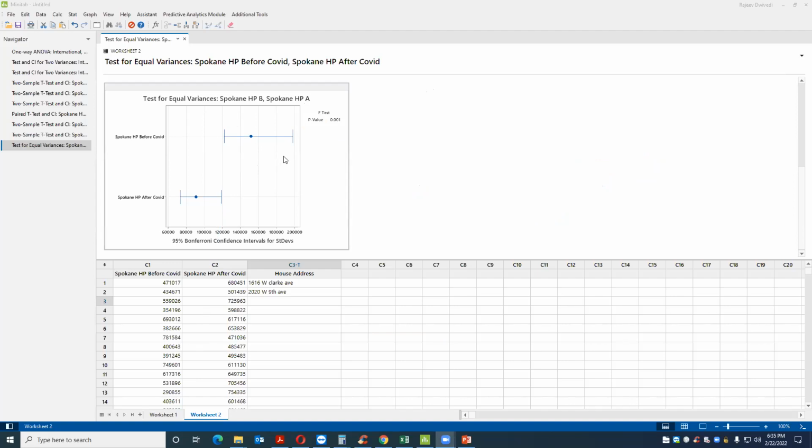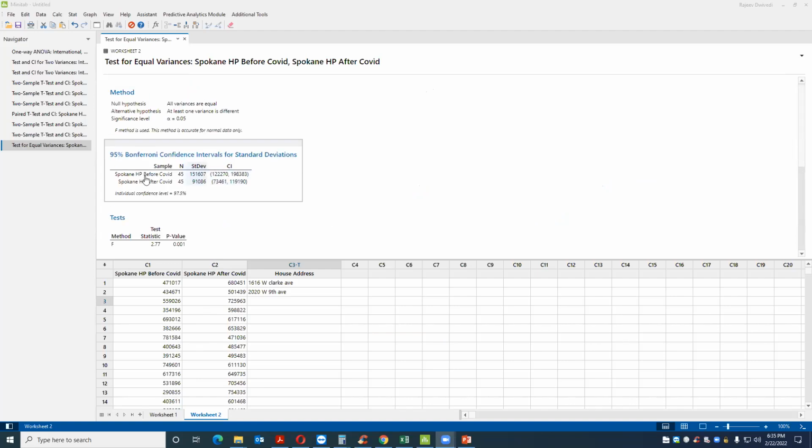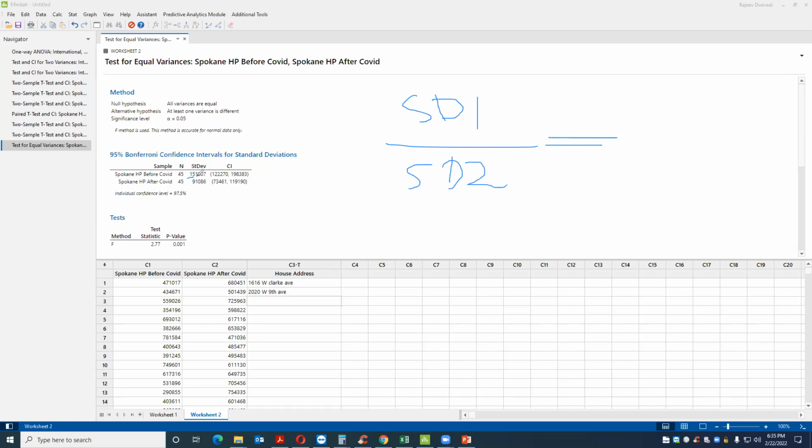Now you asked me about the second concept. So I go here. The second formula was standard deviation 1 divided by standard deviation 2. Now you see the first sample standard deviation, how much? This is 151,607.